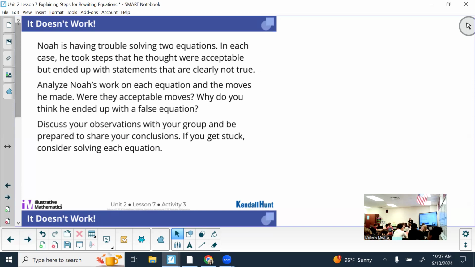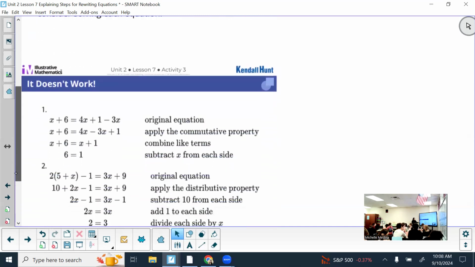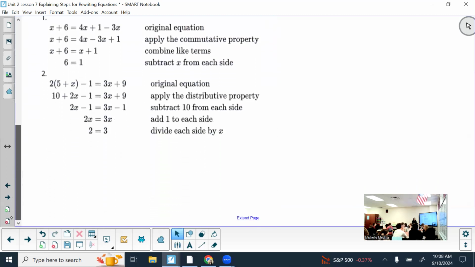You need to analyze Noah's work on each equation and the moves he made. Were they acceptable moves, and why do you think he ended up with a false equation? Discuss your observations with your group and be prepared to share conclusions. If you get stuck, try solving the equation yourself. See if you can figure out what they did and if that's an acceptable thing or not.